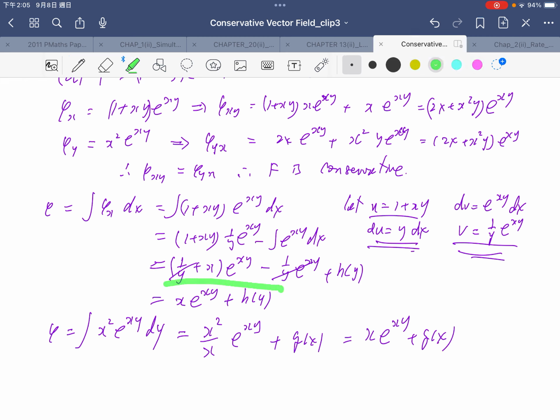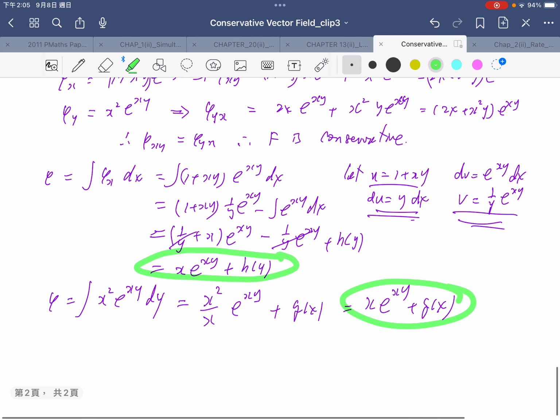So far, we have calculated phi with two different methods. They must be the same, so we compare these two terms.